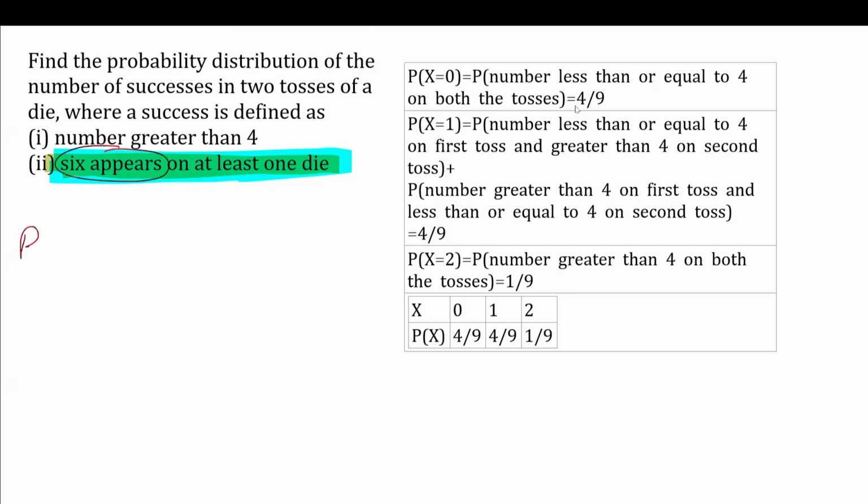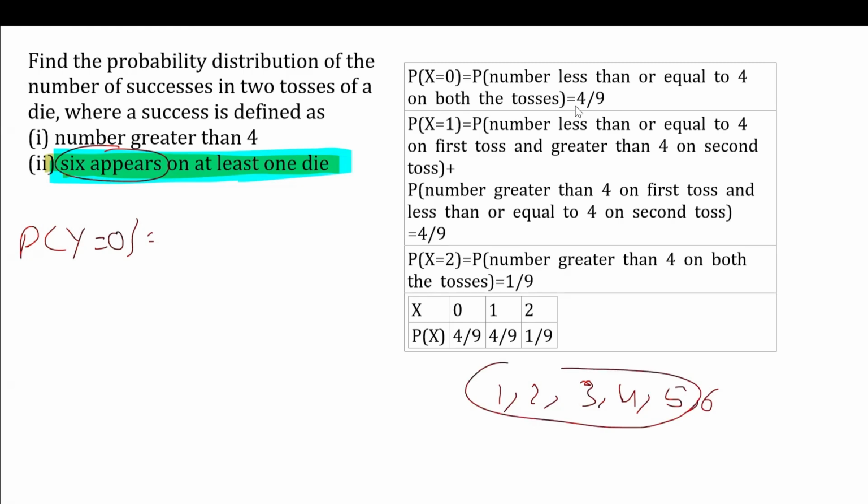We have two cases, Y equals 0, which means there is no success. It means less than 6. The observations are 1, 2, 3, 4, 5, and 6, so 5 of them are less than 6. So that is 5 out of 6, and the same for the second die, so it comes out to be 25 over 36.